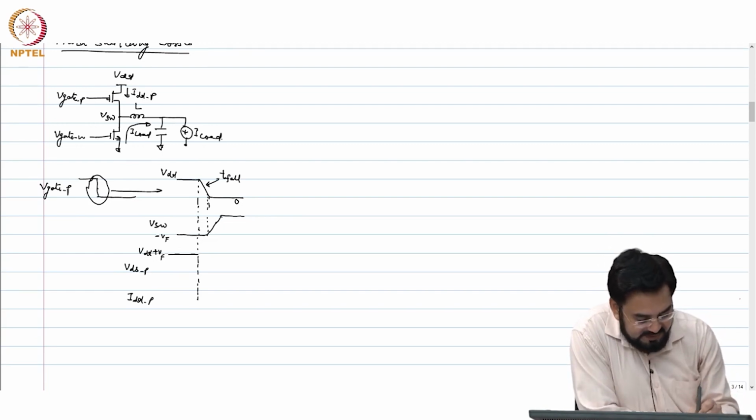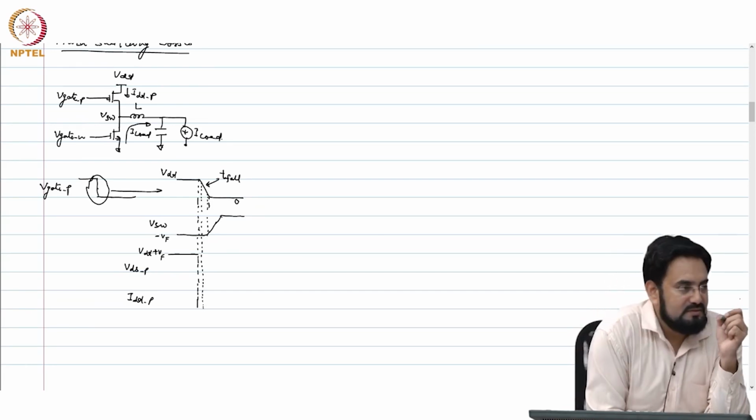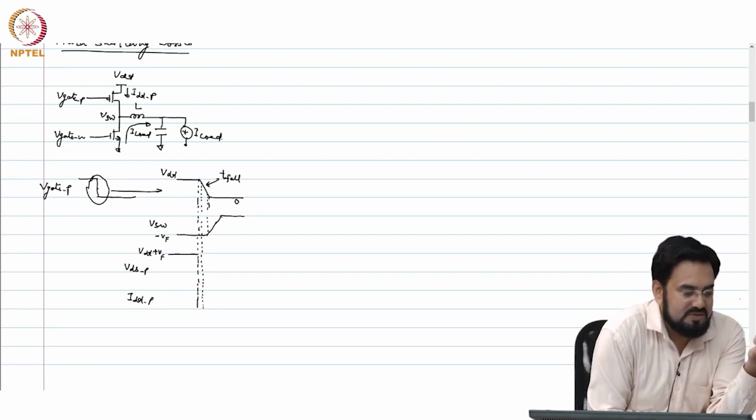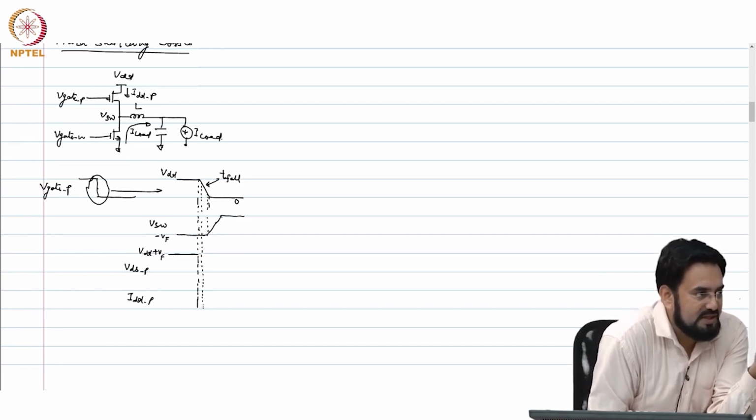So, it will start rising as soon as the difference between your gate and source becomes the threshold voltage.